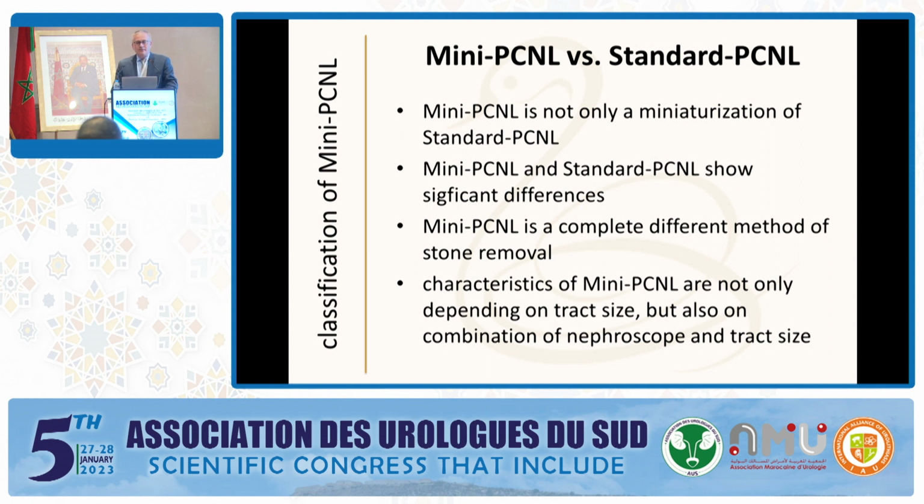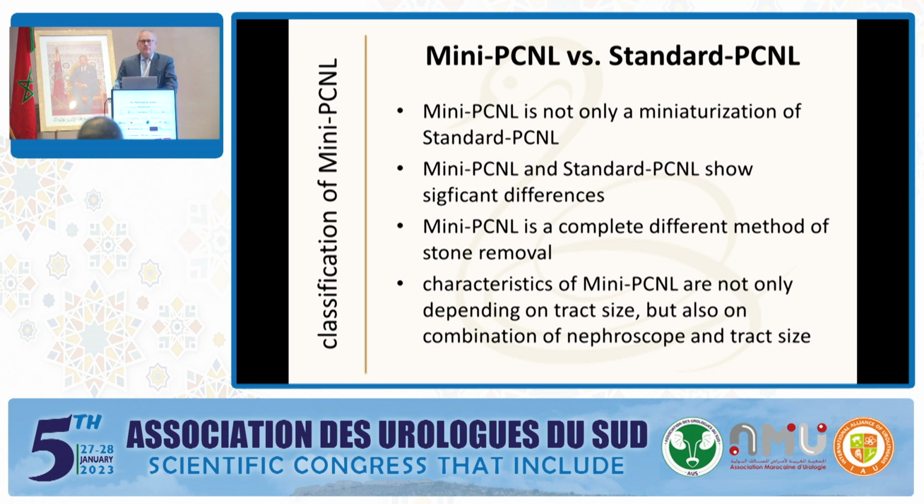This means, as I already said, mini PCNL is not only the miniaturization, and there are a lot of significant differences. Mini PCNL is a complete different method of stone removal.